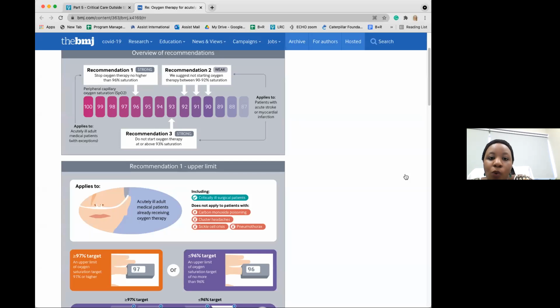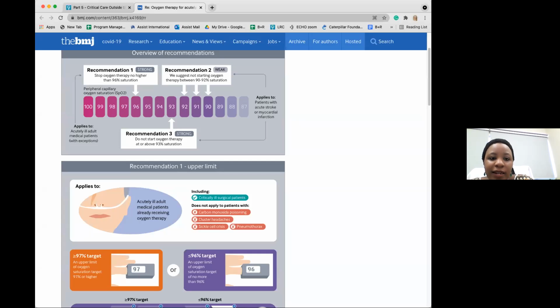One group strongly recommended that you target an SpO2 of 93, while the other, weaker recommendation was a target of 90 to 92. However, what the study concluded is that it is reasonable for an acutely ill medical patient to target an SpO2 of between 90 to 94 for most acutely ill medical patients.